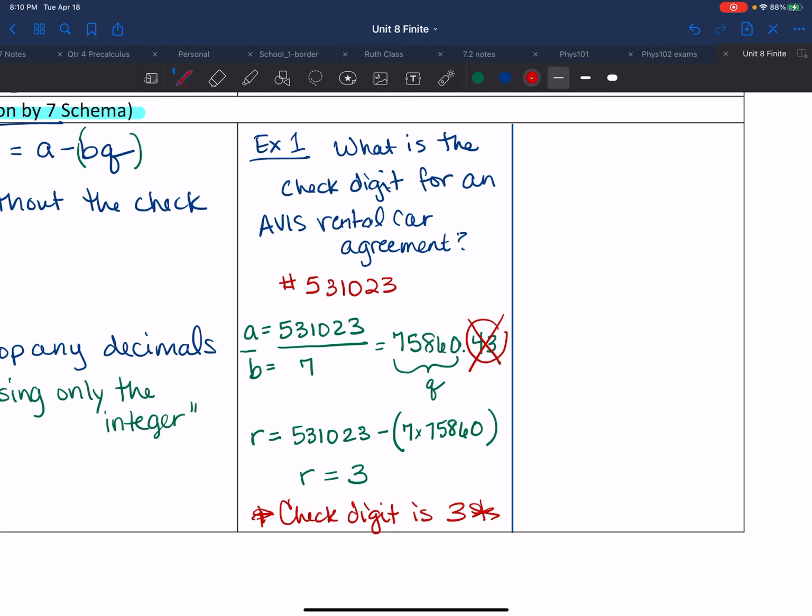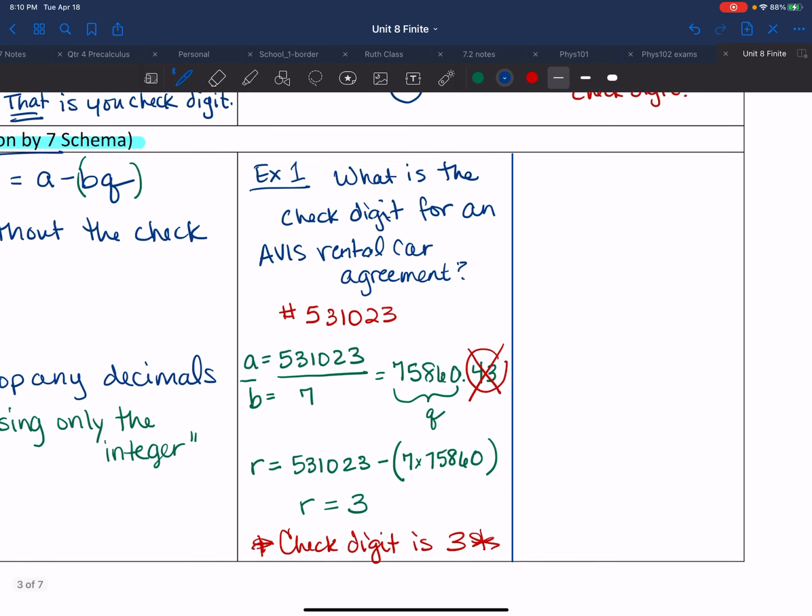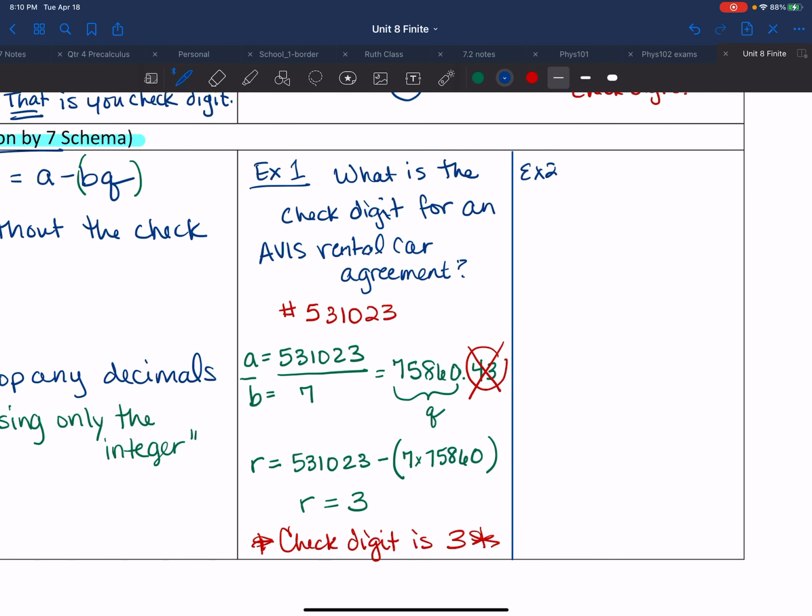All right, let's take a look at one last example. So example 2, I'm going to ask, is my check digit correct? All right, so I have a National rental.